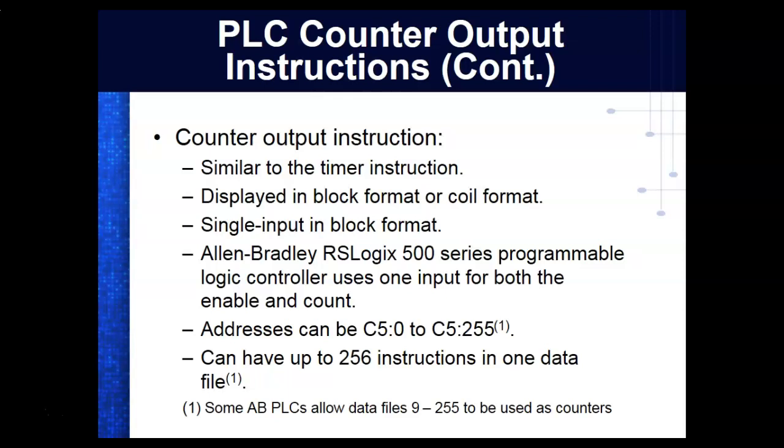Addresses, for this class, are going to be anywhere from C5:0 up to C5:255. And you do not have to go in sequence. Some Allen-Bradley PLCs allow data files 9 through 255 to be used as counters.